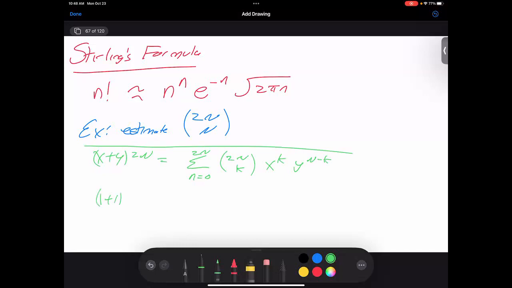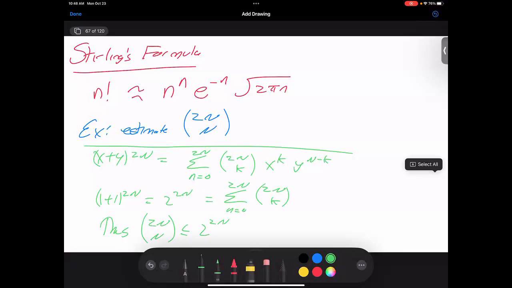So 1 plus 1 to the 2n, which is just 2 to the 2n, is equal to the sum, k goes from 0 to 2n, of 2n choose k. Thus, can somebody tell me why 2 to the 2n is an upper bound for 2n choose n? So why would 2n choose n be at most 2 to the 2n?